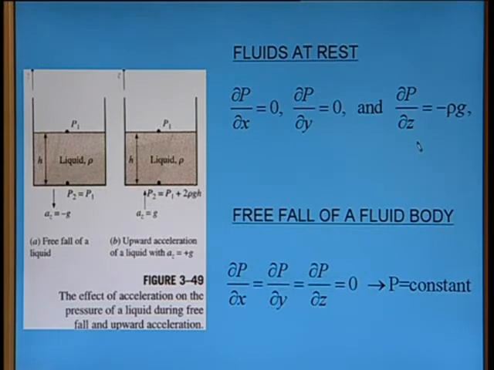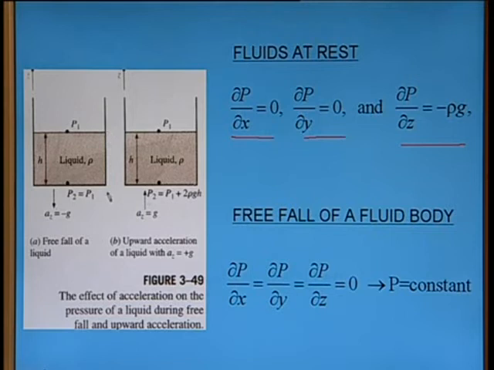These are the pressure variation equations. They represent that pressure does not vary in x direction or y direction. It means that in horizontal direction pressure does not vary, pressure varies only in z direction, and ∂P/∂z is equal to minus rho g, which may be written as minus gamma.